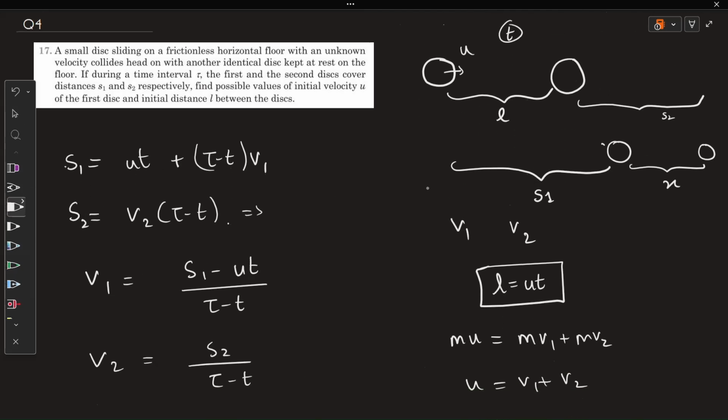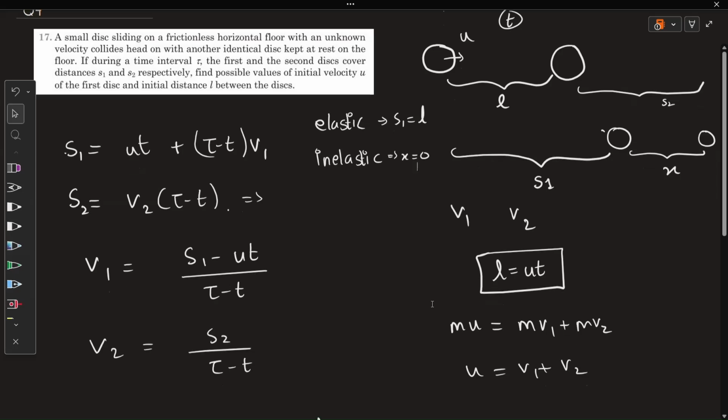This collision may be the extreme cases. Let's consider elastic or inelastic. As both are of equal masses, in case of elastic, s1 will be equal to L. In case of inelastic, x would be 0 because they both travel together after the collision.